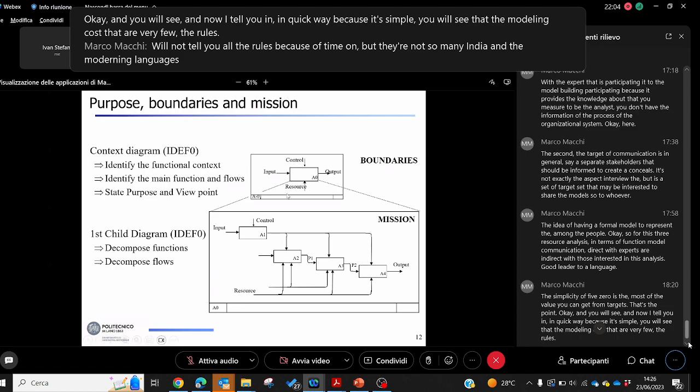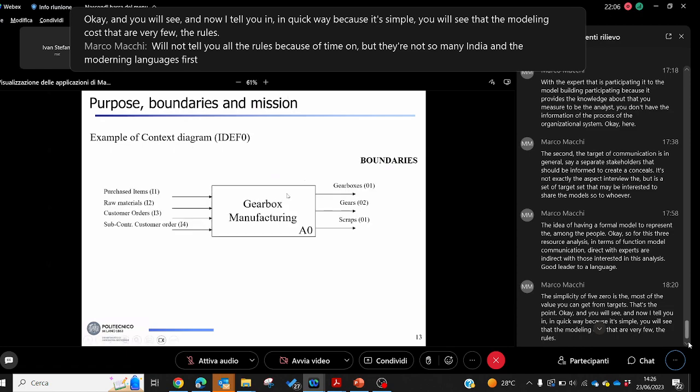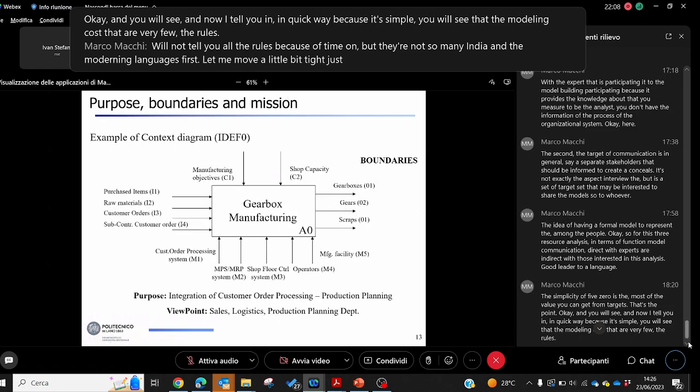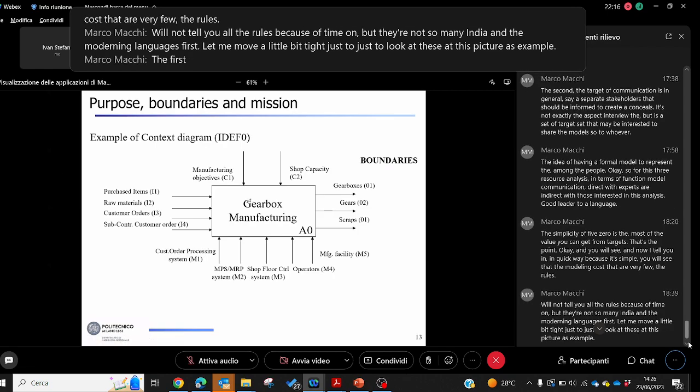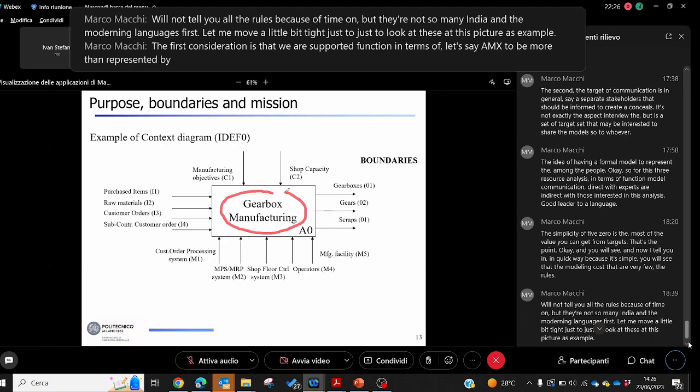First, let me move a little bit ahead to look at this picture as an example. The first consideration is that we have a so-called function, the element to be modeled, represented by a box in the graphic form.